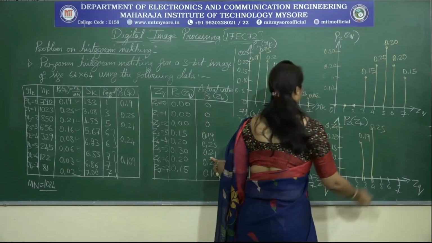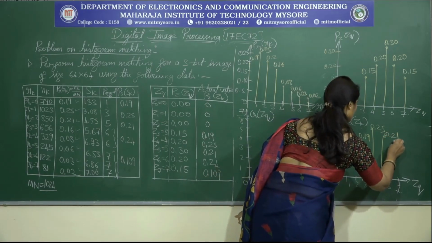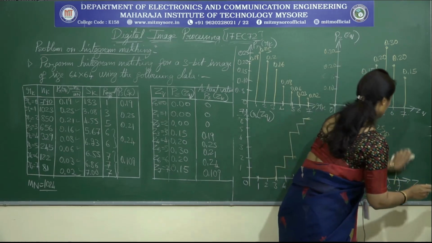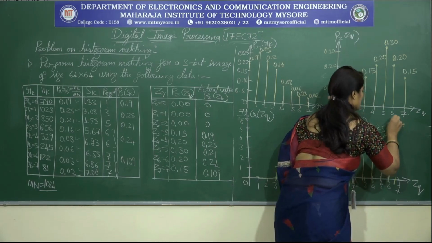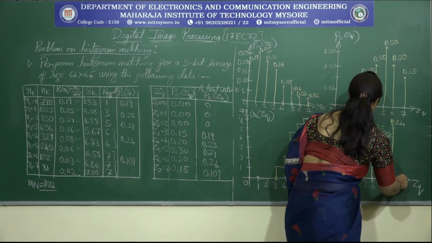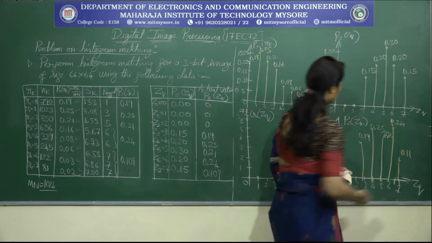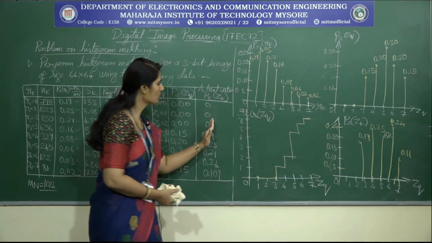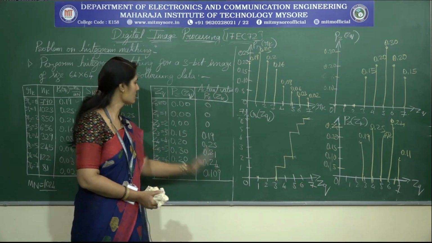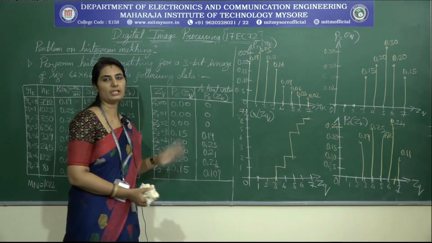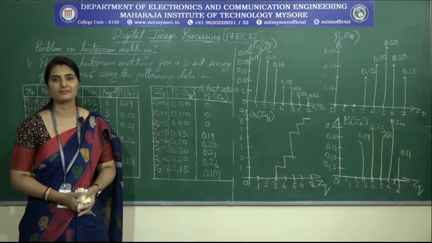For 5 it is 0.21. For 6 it is 0.24. For 7 it is 0.101, that is nothing but 0.11. Okay, this is how you can plot the actual values, the actual probability density function, that is the histogram matching values, with the zq values. Okay, this is all about histogram matching for discrete intensity values. Thank you.